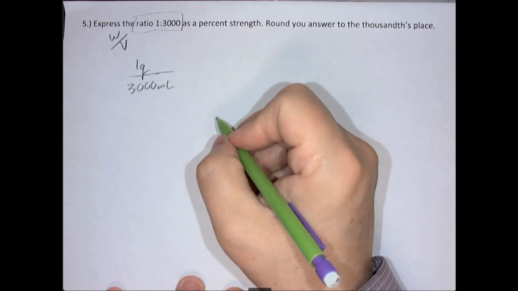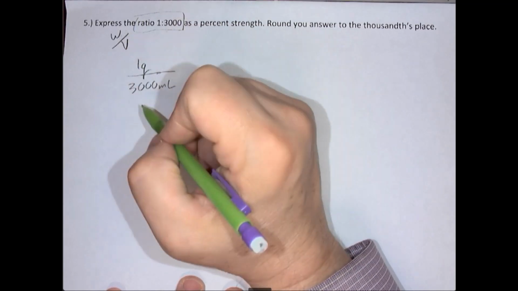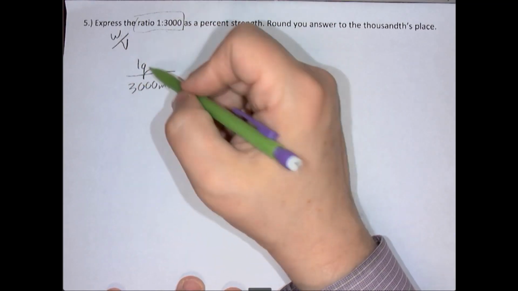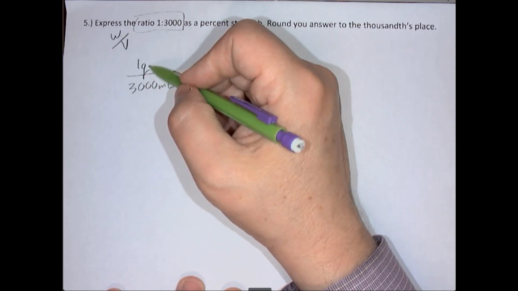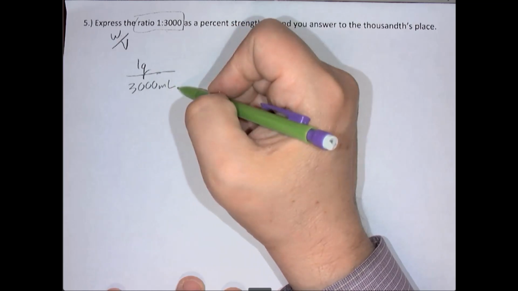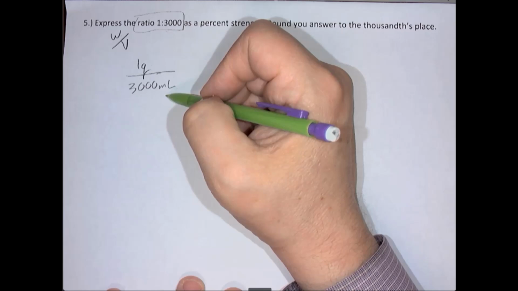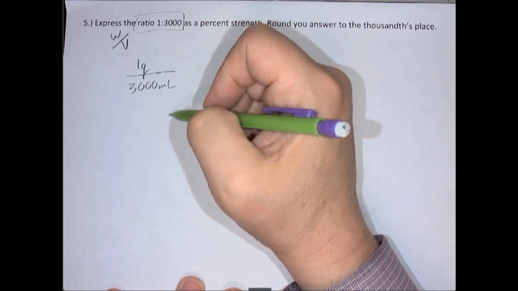Okay, because weight to volume concentrations, if they're not already in this form, we need to get them to the point where they are grams per milliliters. Now, of course, this is not a percent concentration yet because it's not per 100 milliliters.